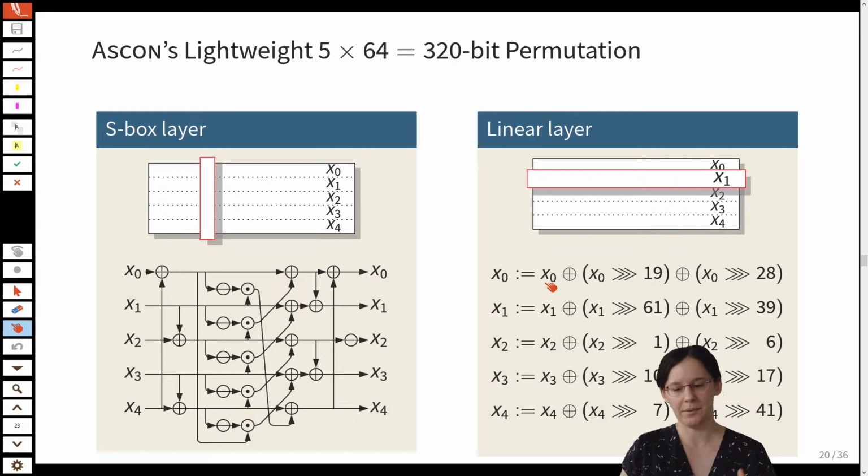And by shifting, I mean cyclic shift. So it rotates the copies of the words and then XORs everything together. So this is easy to write down if you're implementing it for the CPU, because you just write down essentially this. And if you do it in hardware, well, you only need to implement the XORs. So you need to implement 2 XORs per bit of the state.